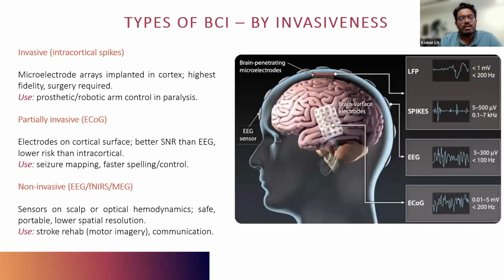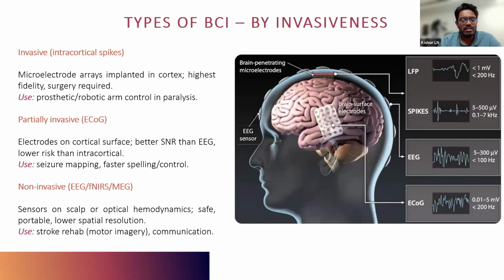So the types of BCI based on invasiveness are three. You have the invasive one, which people who are familiar with Elon Musk's Neuralink might know. That's when you actually undergo a surgery and have small microelectrode arrays implanted in the cortex of your brain.